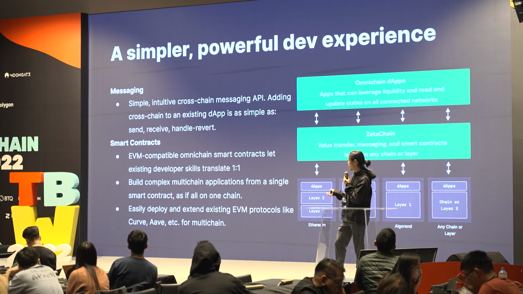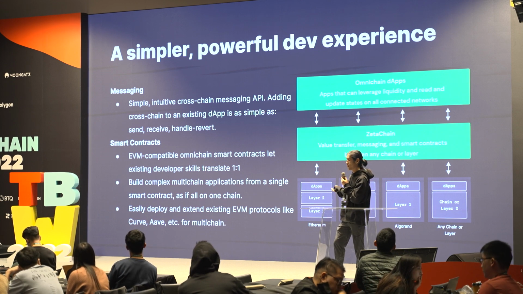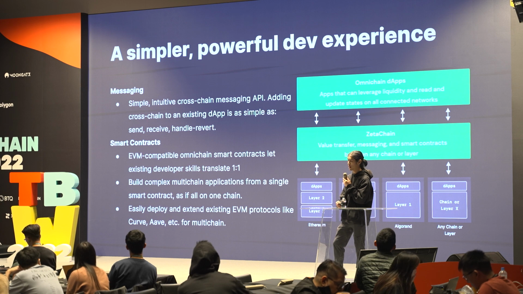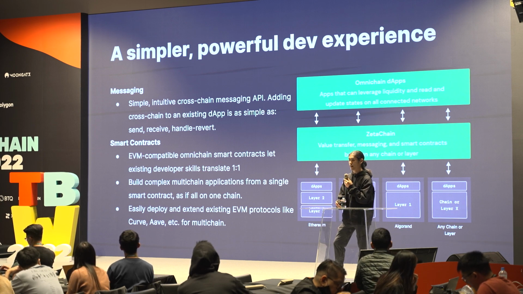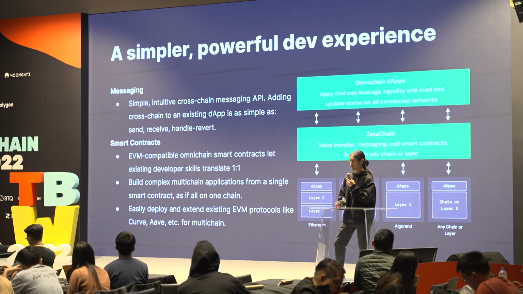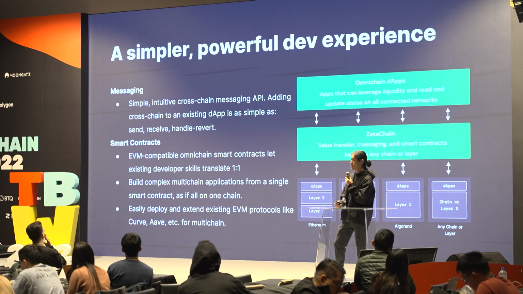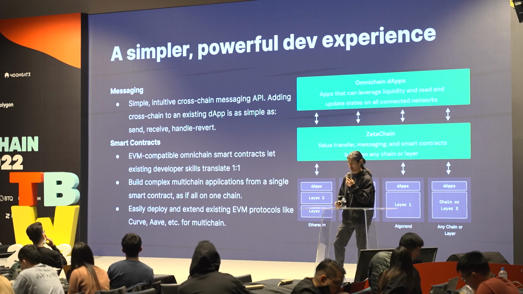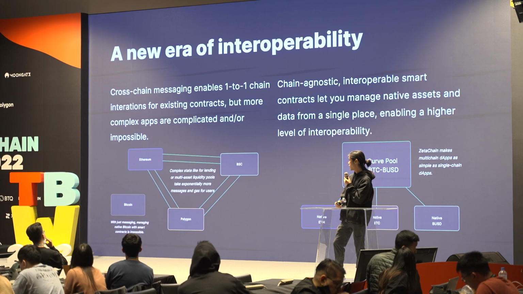And again, you can deploy Curve or Aave or Uniswap, V2, V3, whatever, without modifying it at all. And then you can sprinkle in the input-output to and from external chains in just a matter of lines. And I'll get to a couple examples to make that a bit clearer.